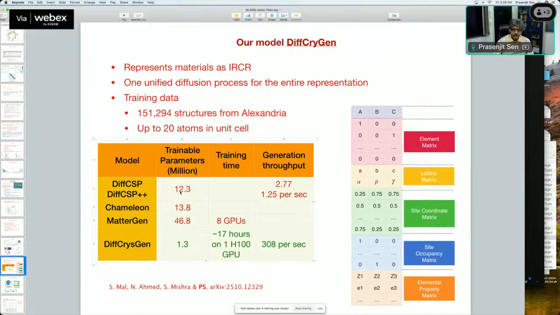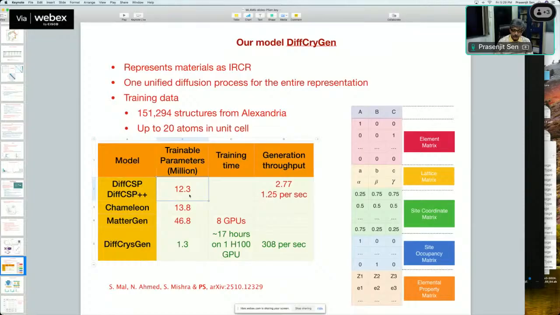How complicated the model is determines what the training time would be. MatterGen, of course, is a very complex, very powerful model, but it has 46.8 million trainable parameters. There are a couple of earlier models, DeepCSP and DeepCSP++.